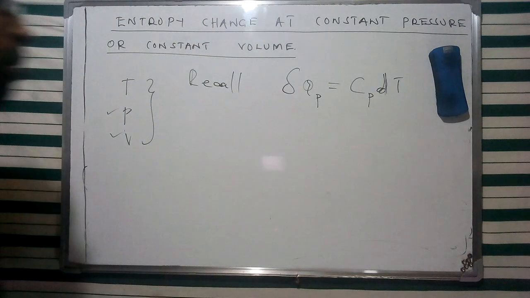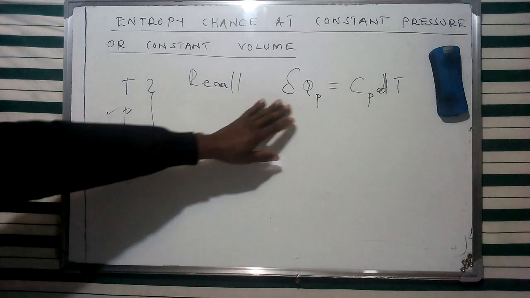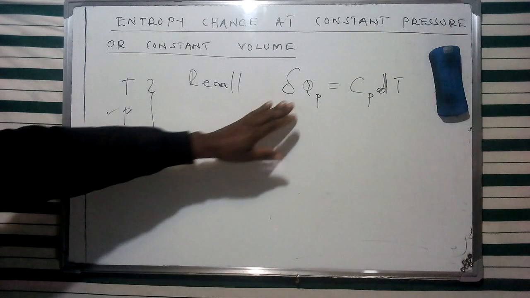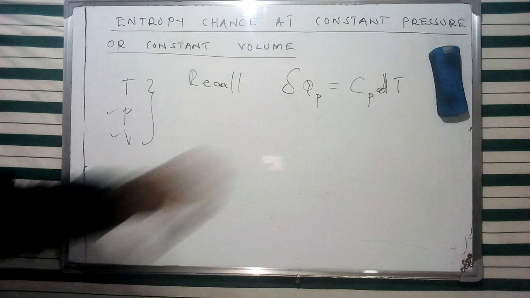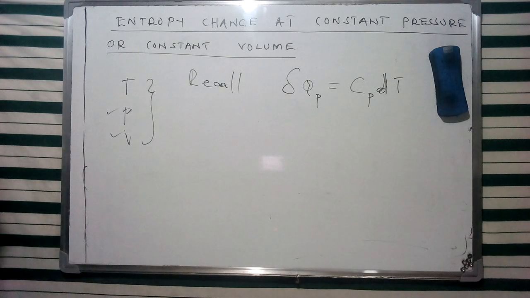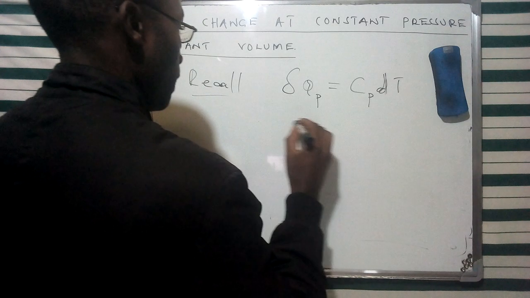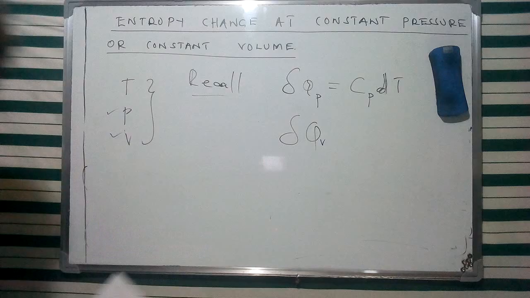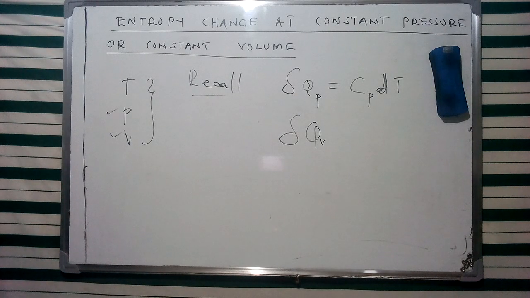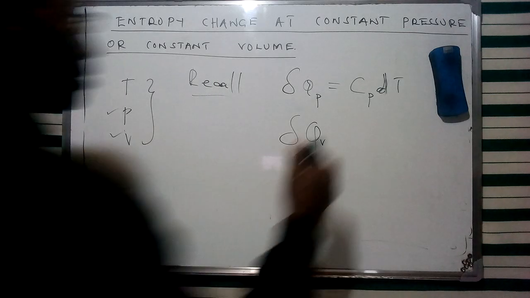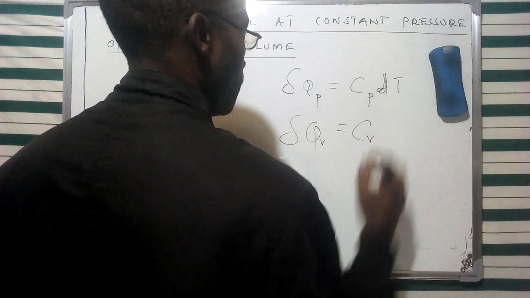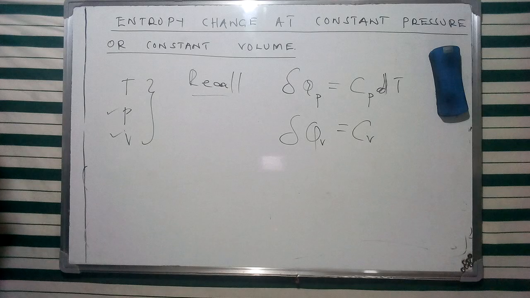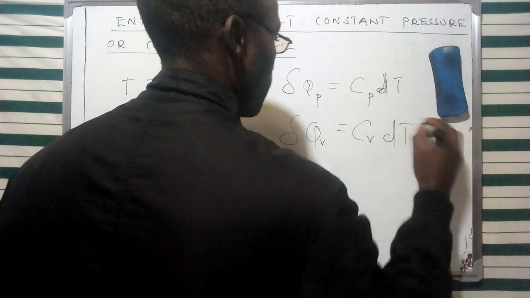This is the equation we had given for the heat involved at constant pressure. Similarly, we can represent the heat involved at constant volume using that subscript for V. This is given as Cv, the molar heat capacity at constant volume, and then dT.